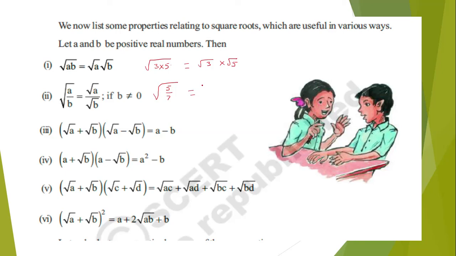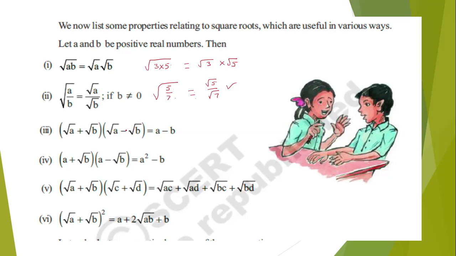If you need, to solve the problems, you may write this one as root 5 by root 7. That means here 5 is A and 7 is B. That means root of A by B is equal to root A by root B, where B is not equal to 0, where the denominator may not be 0.